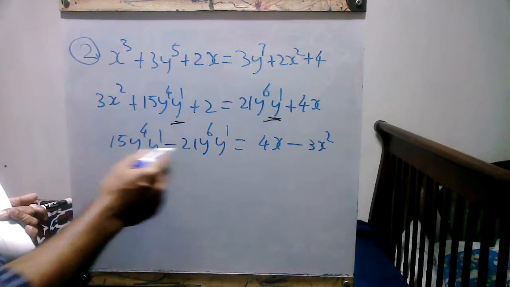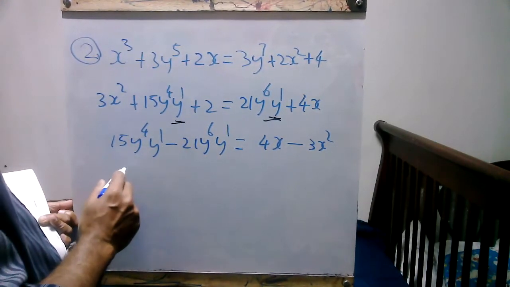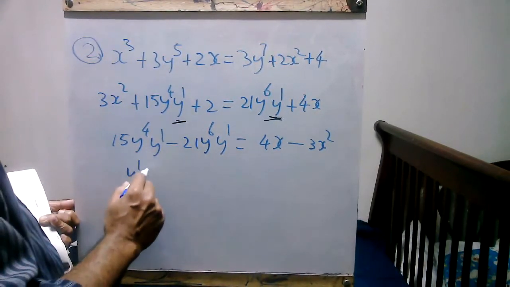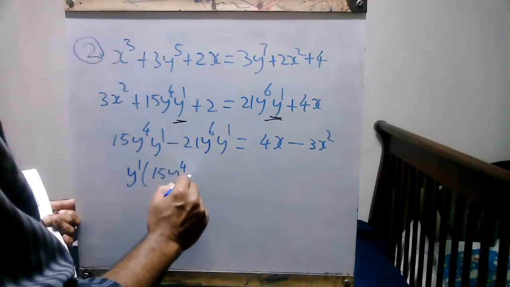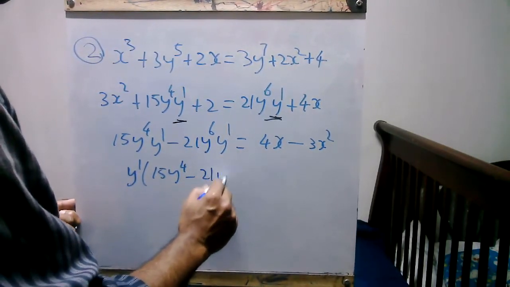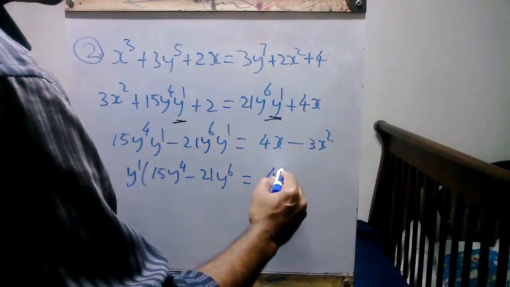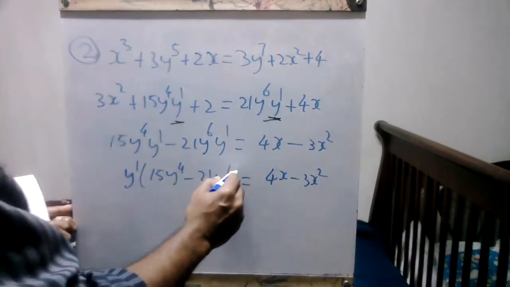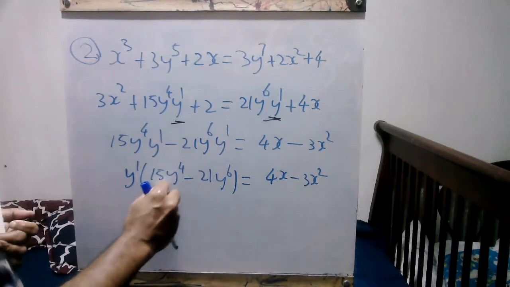Then take out the common factor y prime, because we want to solve for y prime. We get 15y to the 4 minus 21y to the 6 equal to, leave it as it is, 4x minus 3x squared. Then divide both sides by this factor.